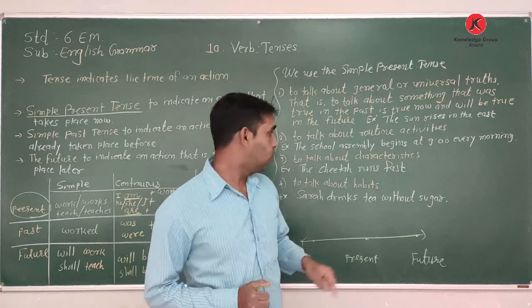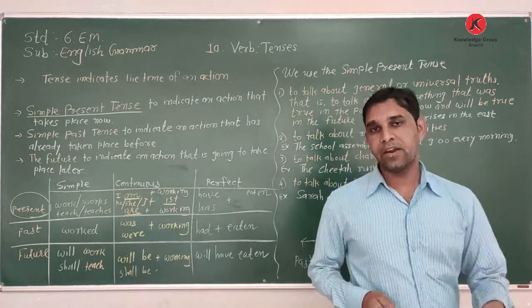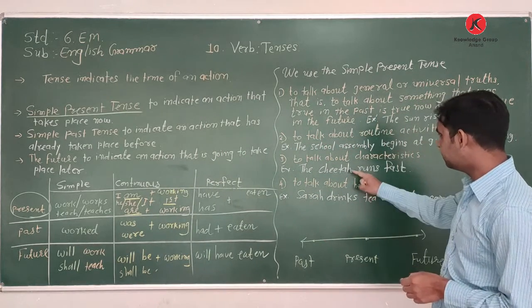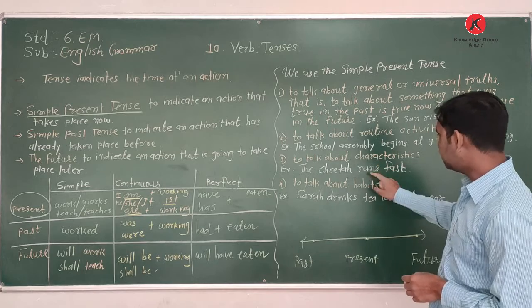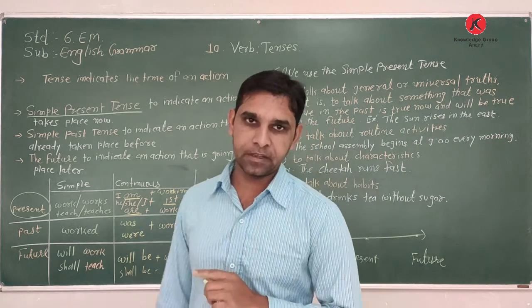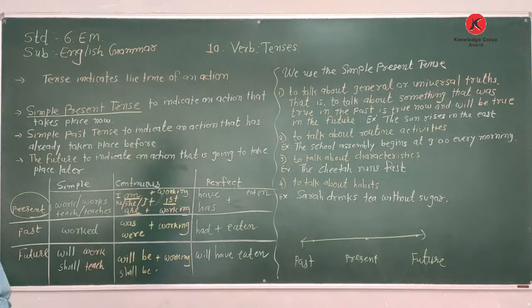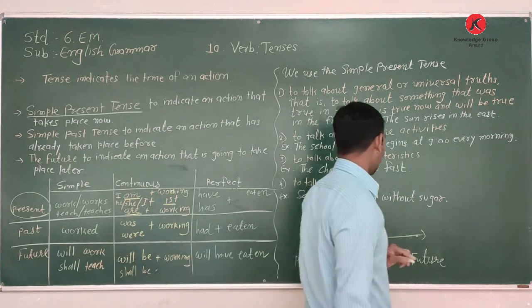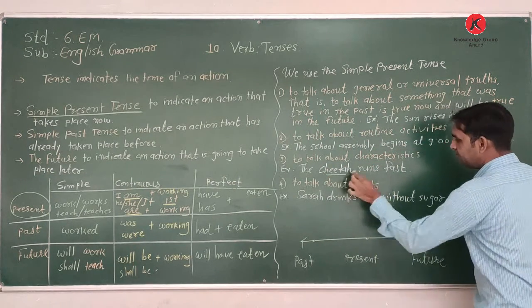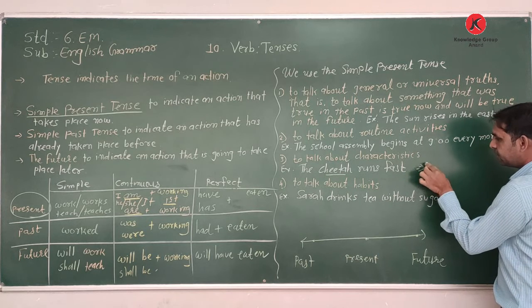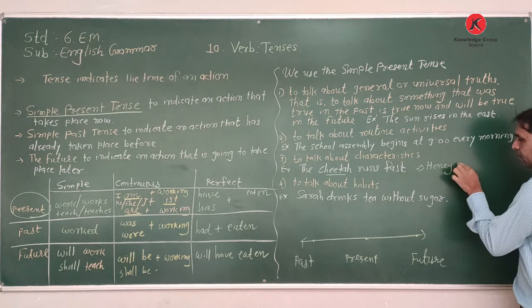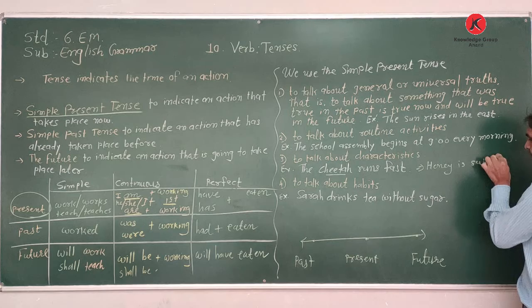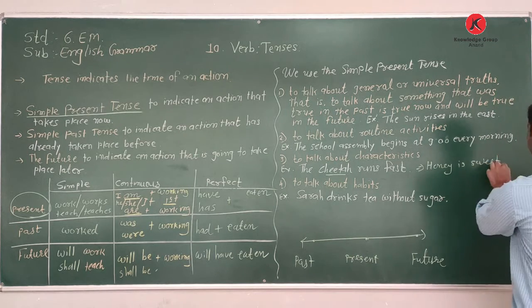That is a characteristic. The cheetah runs fast is the first characteristic, and the second characteristic is that honey is sweet.